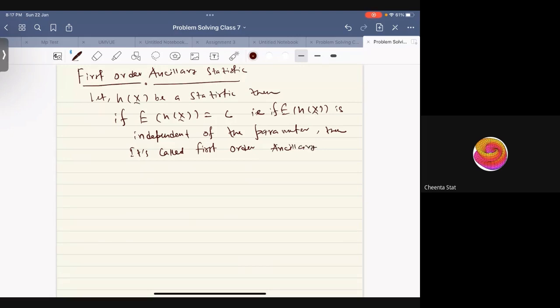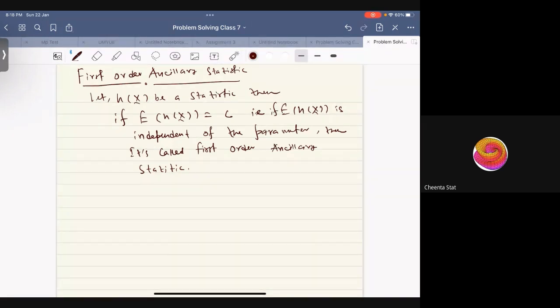Do you know the concept of the ancillary statistic? I'm not writing this, I am just telling you so that your concept will be better. You know about the sufficient statistic now. In a sufficient statistic, 100% of the information is contained in that statistic, and your work is to reduce the dimension or size of the data, because if it is n-size data, it is almost impossible to handle that huge amount of data.